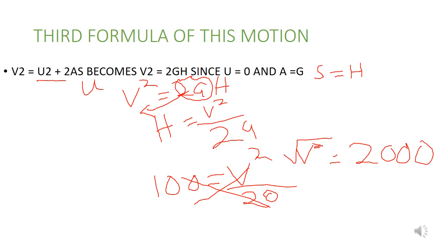So the square root of v squared will be v, and the square root of 2000 will be the value of the velocity. If I just use a calculator, wait a minute.